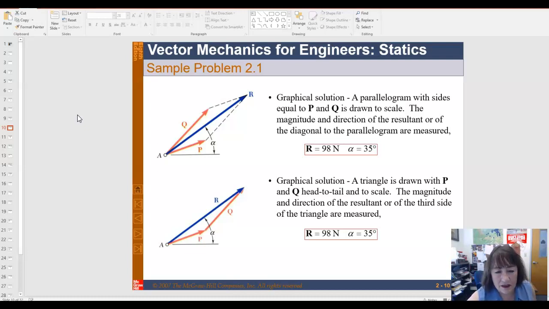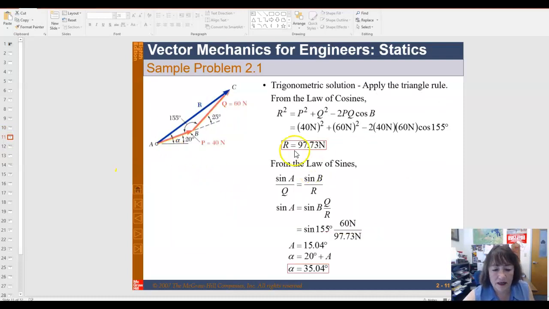So we don't have to think about acceleration in the sense that F equals ma, because since a is equal to 0, the vectors will sum to 0. All the force vectors will sum to 0 in the x and the y direction. We can use that to find unknown forces. So for today, what we're doing is we're just talking about adding forces, P and Q, and coming up with a sum. So the graphical solutions are shown on these slides.